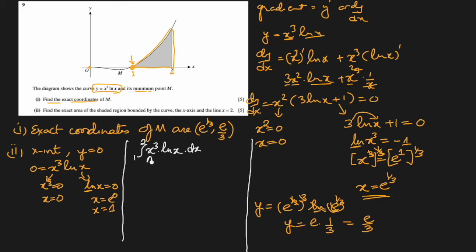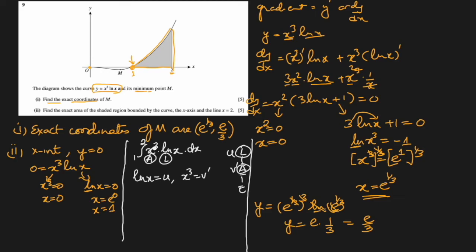So we have one algebraic part here, we have one logarithmic part, and the hierarchy we have is LIATE. When we have logarithmic and algebraic parts, this becomes u, this becomes v prime. So ln x will be u for us, and x cubed will be v prime.